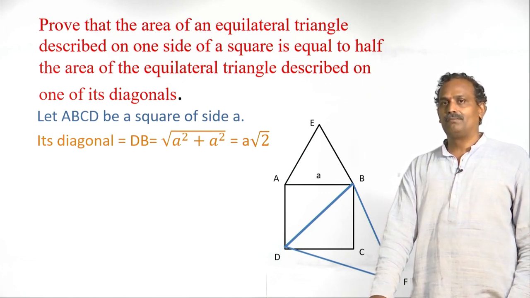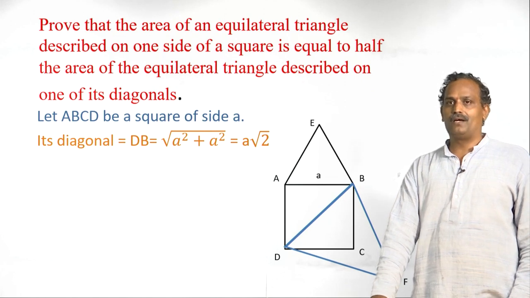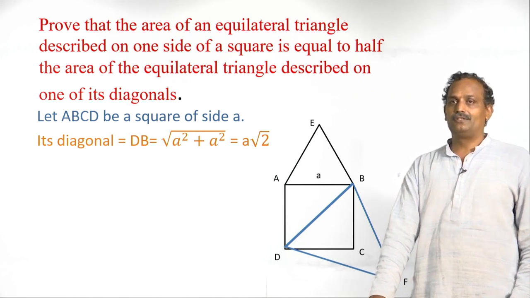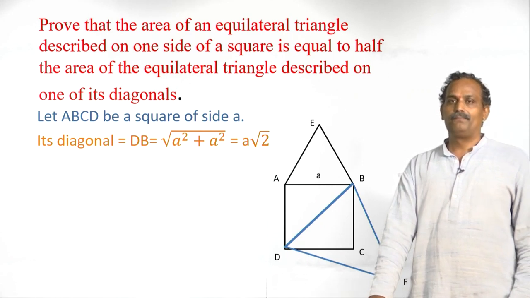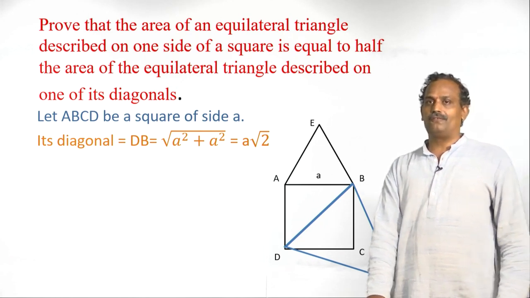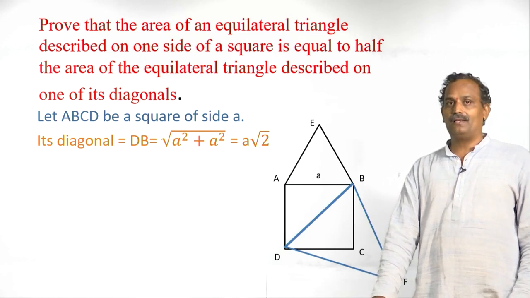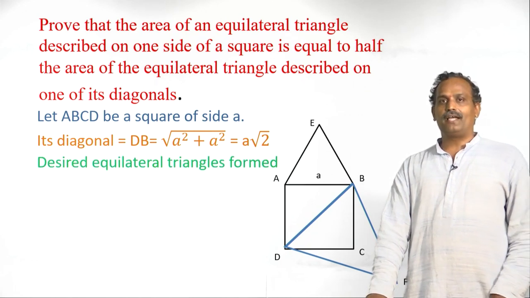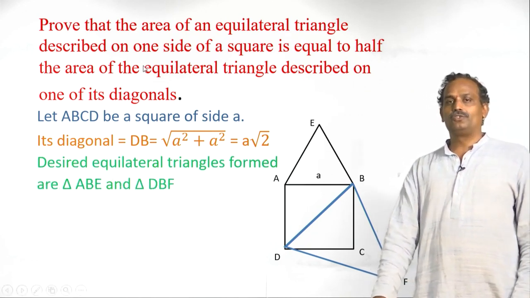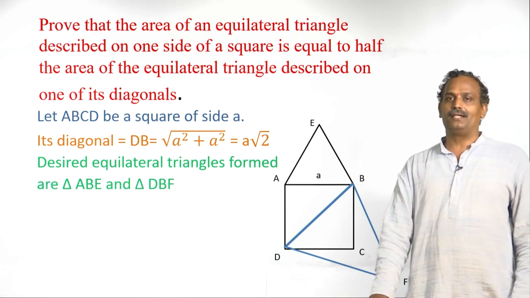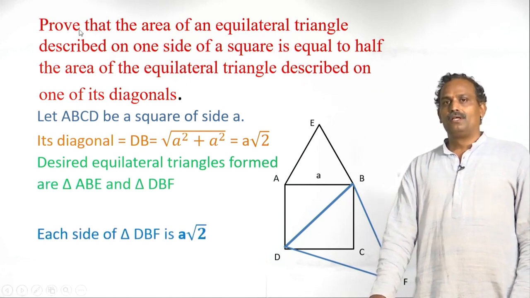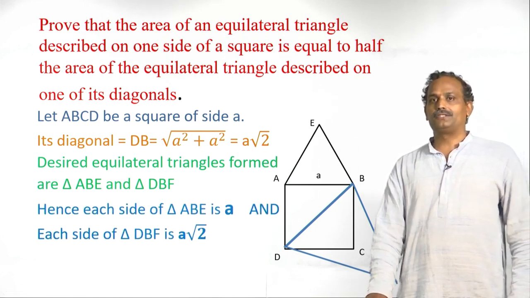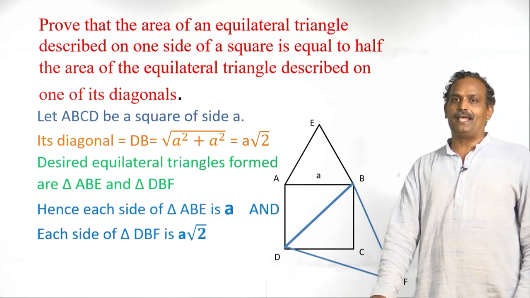We can prove this using the Pythagoras theorem, because DB is the hypotenuse and AB and AD are the sides of triangle ABD. So we have found the length of diagonal DB, and we can find the desired equilateral triangles here, triangle ABE and triangle DBF. Each side of triangle DBF is a root 2, and each side of triangle ABE is a.